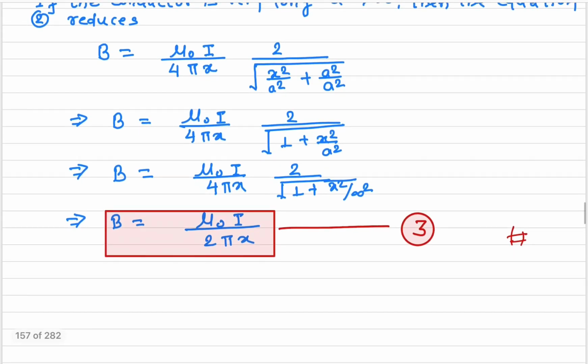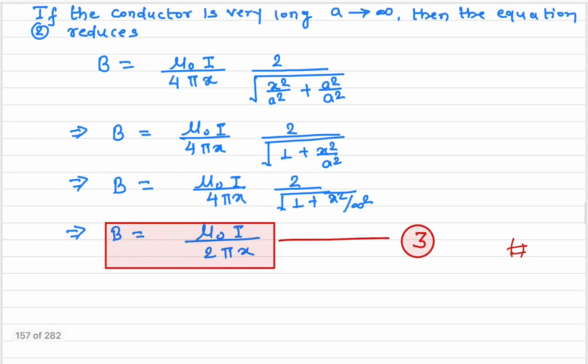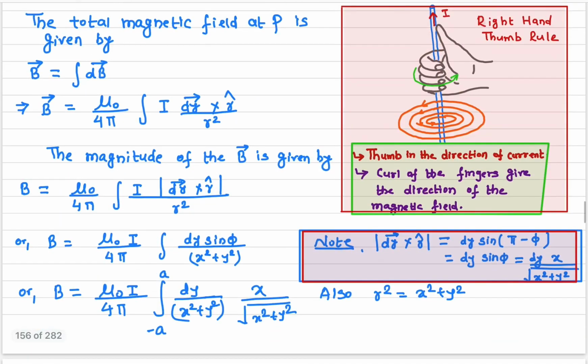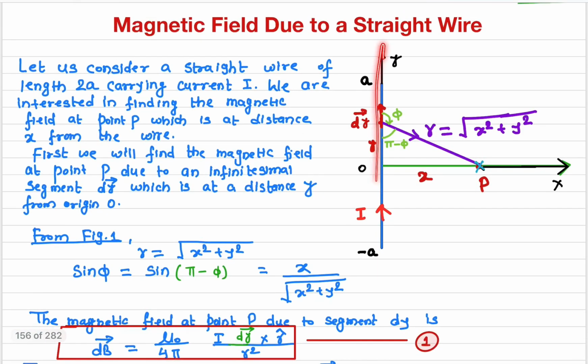Okay, so this is the magnitude of the magnetic field. x is the distance between the wire and the point here. If it is a very, very long wire, it doesn't matter where the point is. So we found the magnitude of the magnetic field due to a long wire by using the Biot-Savart law.